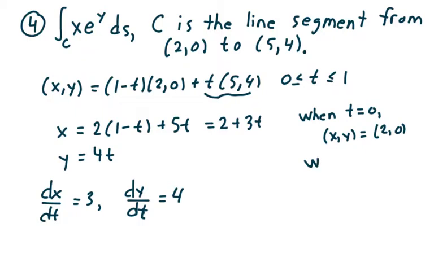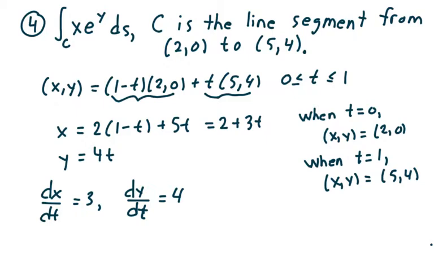And then when t is 1, this first ordered pair goes away, and I plug 1 in for t, and my xy would be (5,4). So I get the last point. And I claim when you plug in any value between 0 and 1, you're going to get all the points between (2,0) and (5,4). So this is how you parameterize a line segment.